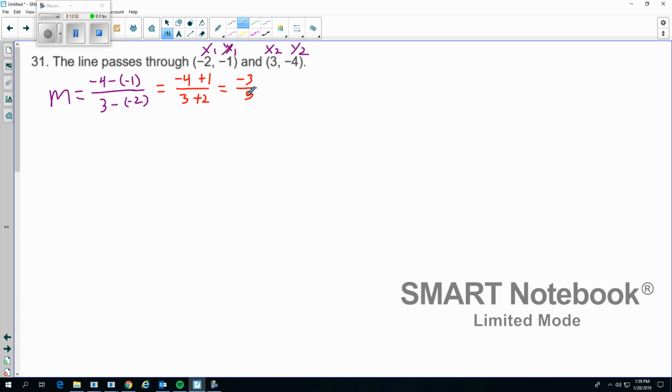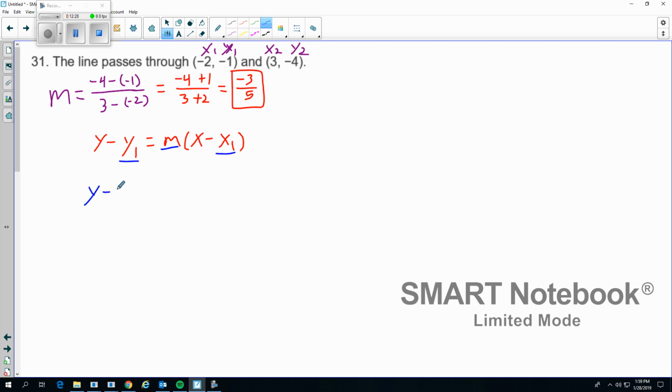All right, so now that I have the slope, I'm ready to go. So use this, and you can use either point for your point slope. So I'm going to go ahead and write down the formula real quick. So y minus y1 equals m times x minus x1. So really you can use either point. I'll just use the first point. The numbers are smaller, whatever. It's not going to make a difference in the outcome.